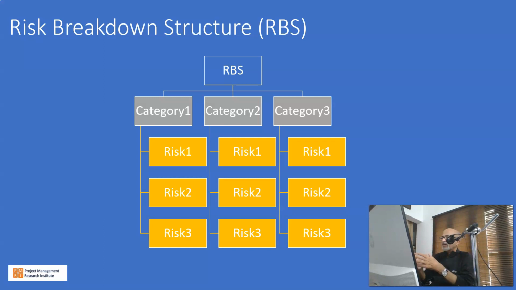These categories are defined within the risk management plan, and then once we identify the risks, they can be grouped and we can develop the risk breakdown structure, because this is useful for calculating the cumulative impact category wise. So under category 1, if the cumulative probability and impact of the risk are high, then that will end up in an overall risk for the category 1 kind of.